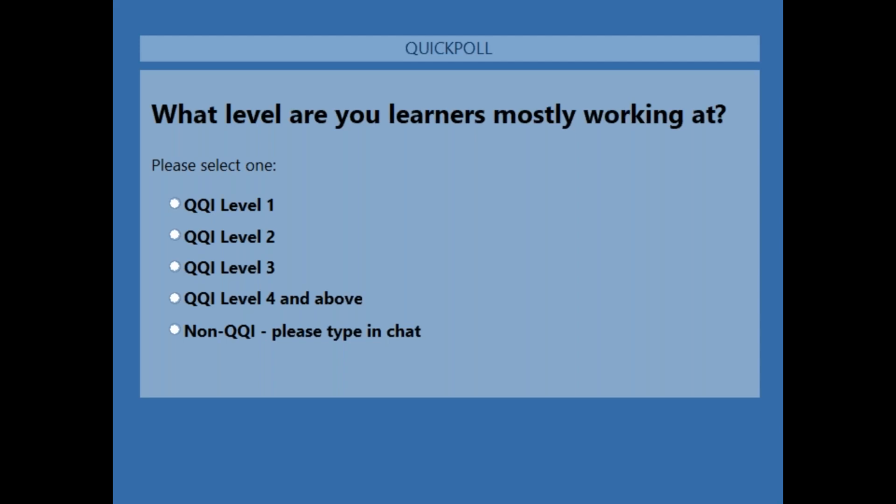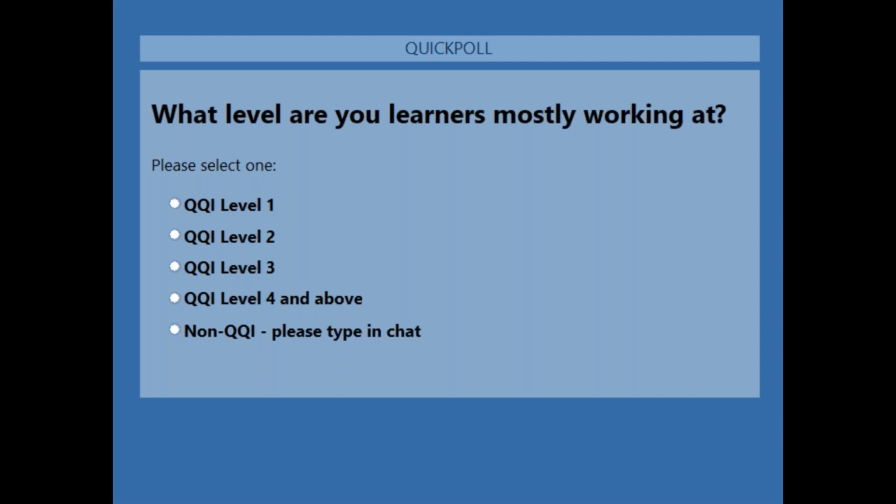So while you're thinking of questions, as I say, I'll put these questions out to yourselves, give you a little bit of time to think about it. And feel free, as I say, to type non-QQI if that's the case into the questions box as well.